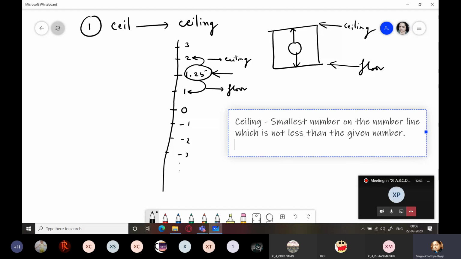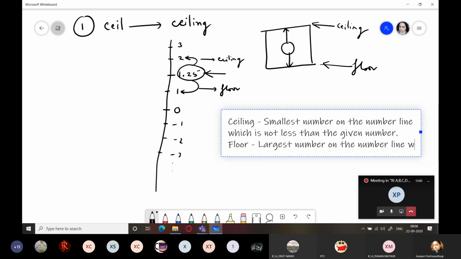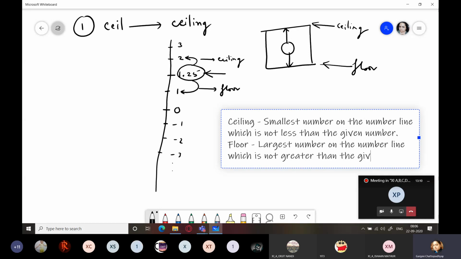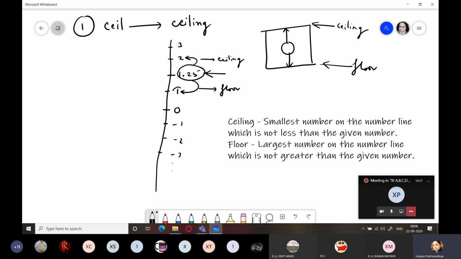So what will be floor? Largest number on the number line which is not greater than the given number. So this floor which you can see now, this is the largest number on the number line.